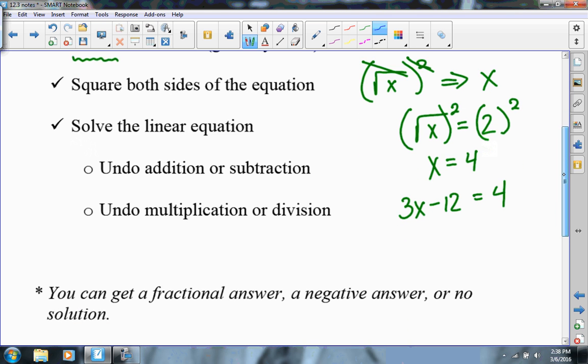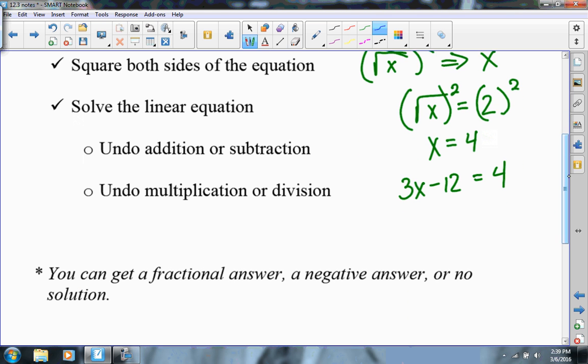Now sometimes when you get your answer, it'll be a nice whole number, it'll be positive, but it's okay if you get a fractional answer or a decimal answer. And you can actually get a negative number as an answer. Now remember, you can't take the square root of a negative number, but you could put a negative number in here for x, and then when you simplify that side of the equation, it does actually equal the number that you have it set equal to.